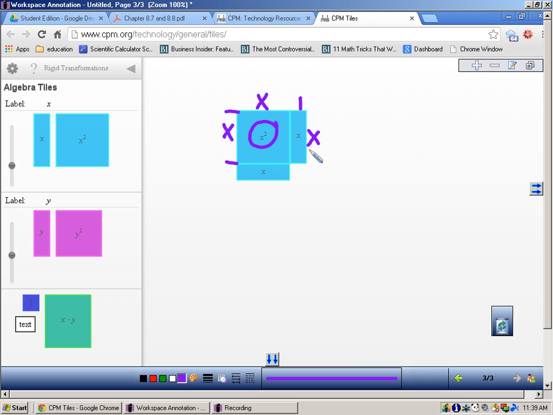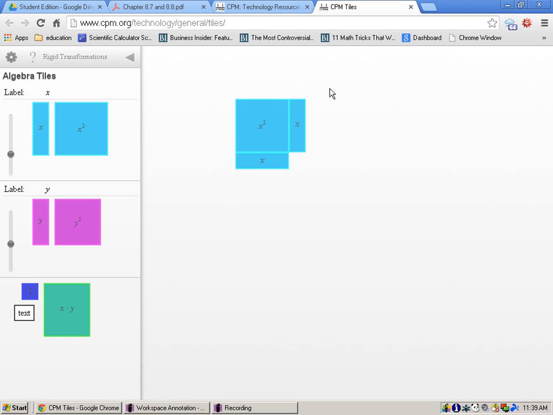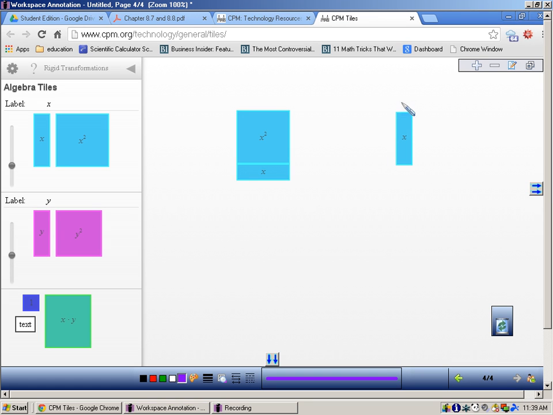You see how that works? Let's show that one more time separately. I'm going to move this over. This shape has a width of 1, and the distance from here to here is x. When you multiply x times 1, you get an area of x. So this x is the area of this rectangle.